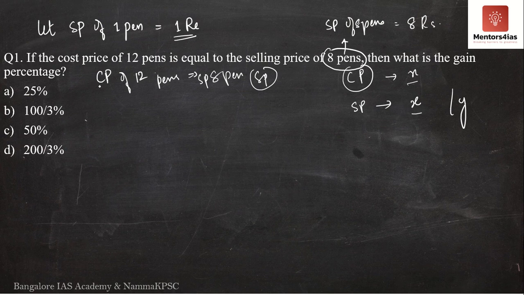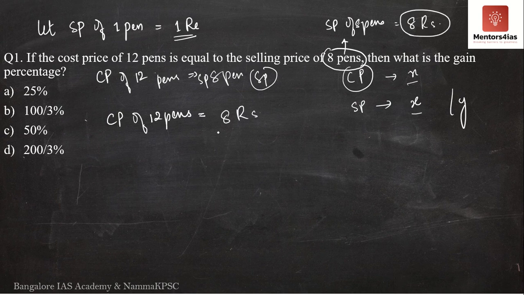Now the question is saying the cost price of 12 pens is equal to the selling price of 8 pens. So the cost price of 12 pens is nothing but the selling price of 8 pens. Therefore the cost price of 12 pens will be equal to 8 rupees here.